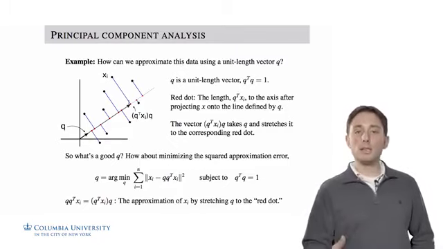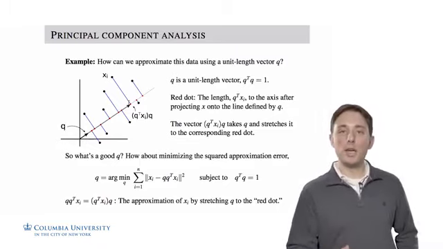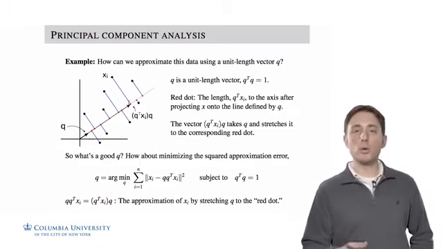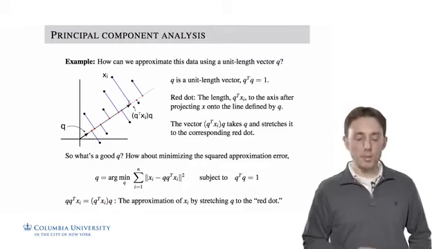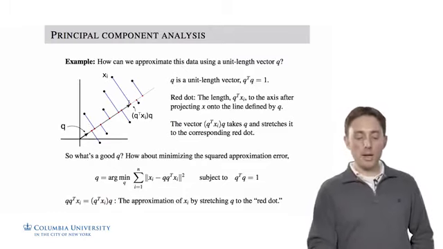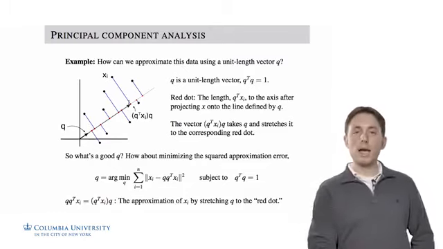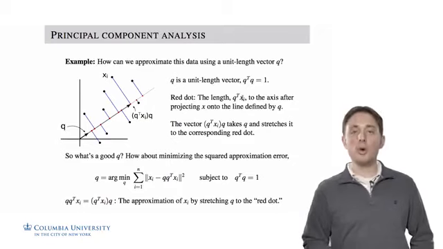We've already discussed some of these geometric concepts in the classification portion of our course, where we talked about linearly separating hyperplanes and dot products. In this case, that shows itself by taking the dot product between q and each point xi.